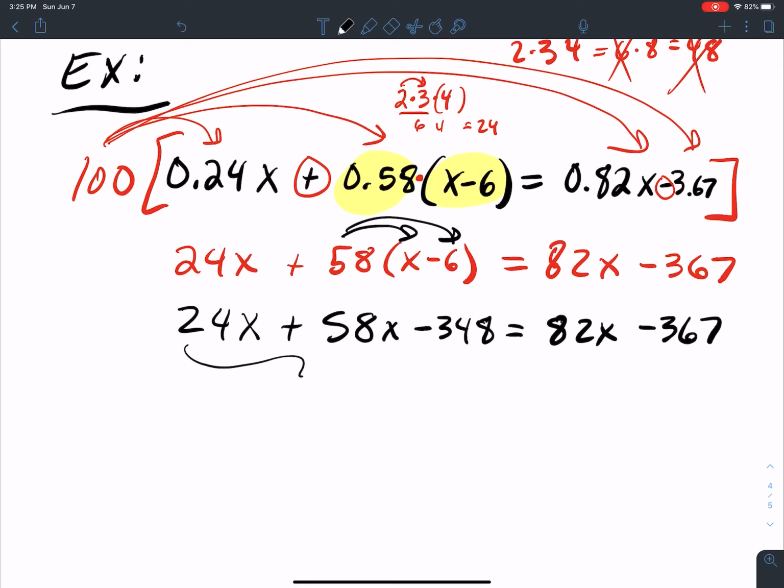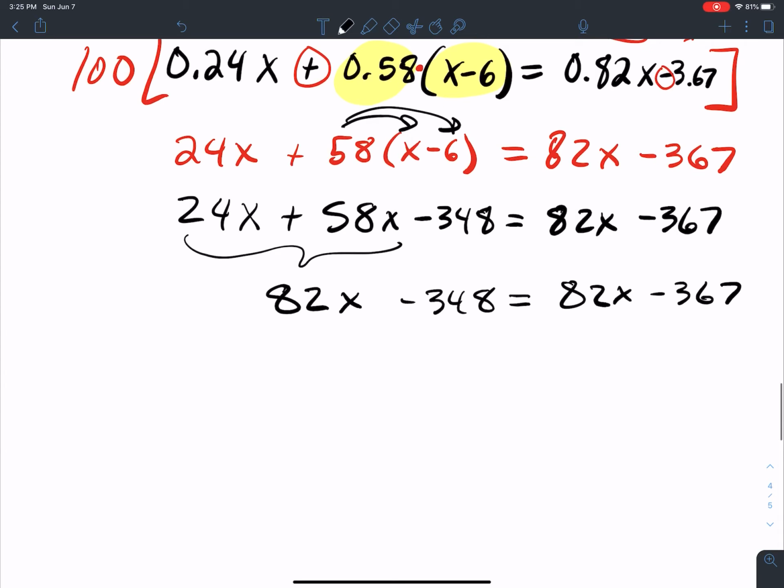Okay, combine like terms. What do I get? I'm going to get 24 plus 58 is 82x minus 348 equals 82x minus 367. All right, subtract 82x from both sides.